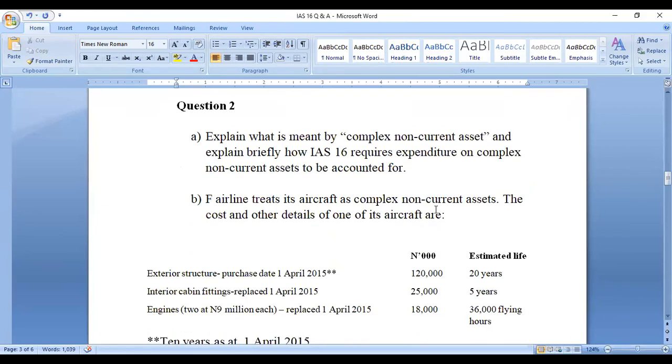Please, it's important. Okay, so please, can someone read the second question for us? Let's solve question 2.